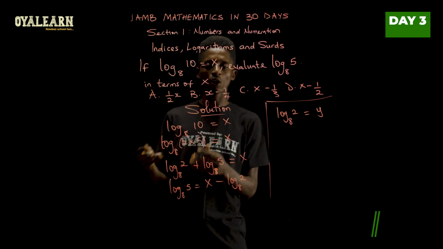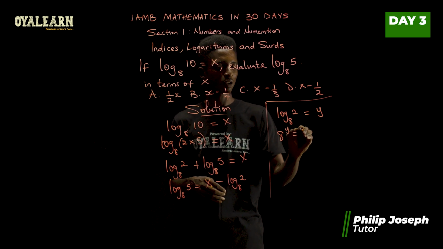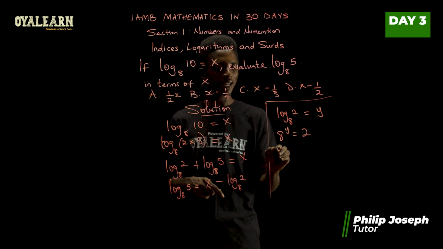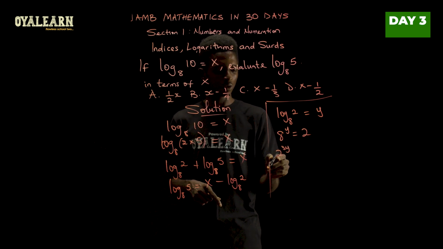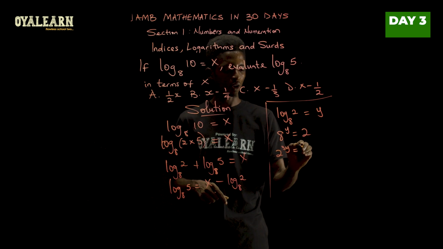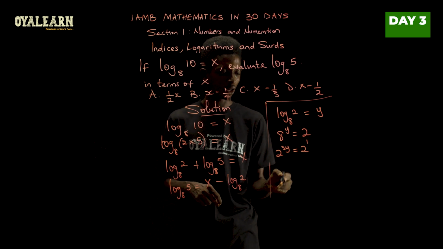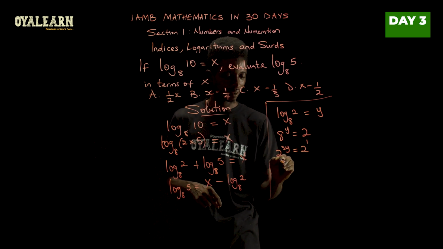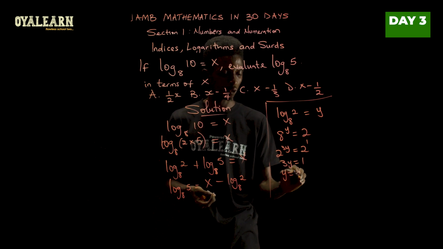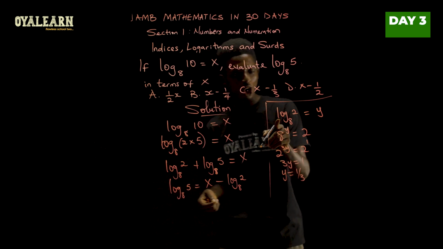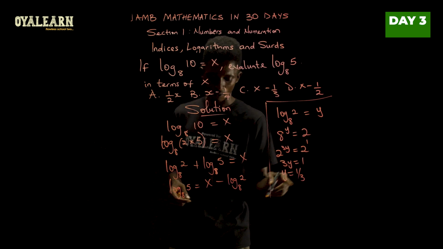What this implies, according to indices, is that 8 with the power of y is actually 2. And we can write this as 2 cubed to the power y. Now that will be 2 raised to the power of 3y equals 2 with the power of 1. So since the bases are equal, we can then say that 3y equals 1. That is, y equals 1 over 3. That is, log to base 8 of 2 can be written as 1 over 3.